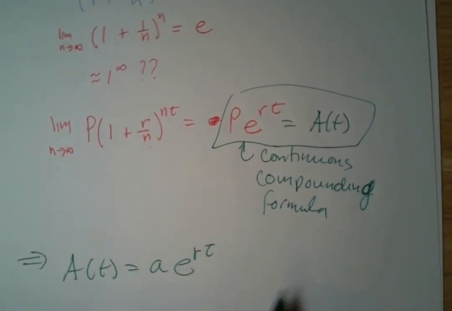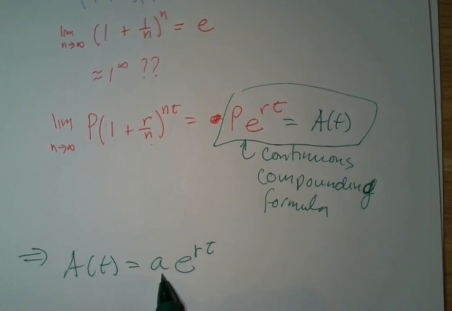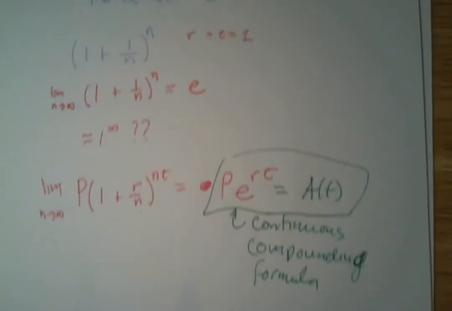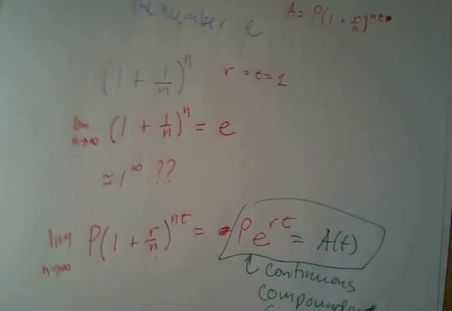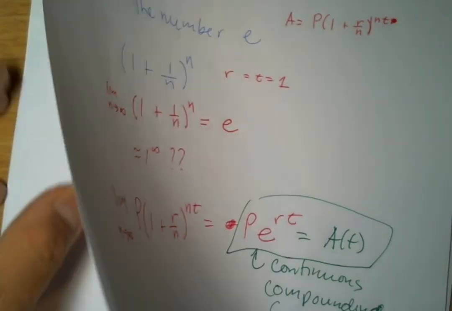The growth or decay would depend on the rate. If we're talking about decay, R would be negative, and for growth, R would be positive, and then A is our initial amount, same as before. So that is how we arrive at this number E, which arrives from that compound interest formula, which I think is rather interesting. Let's take a look at an example where we apply this formula.